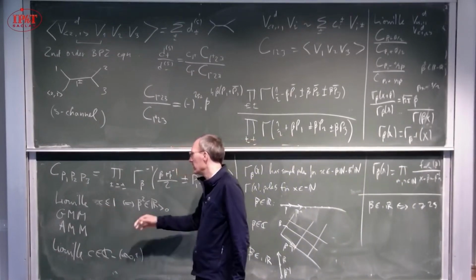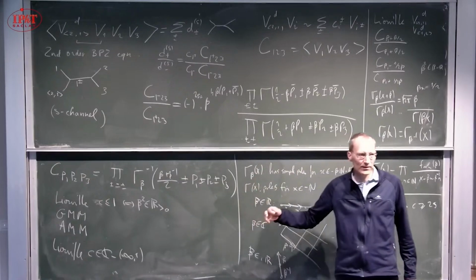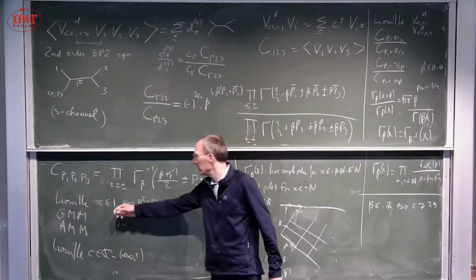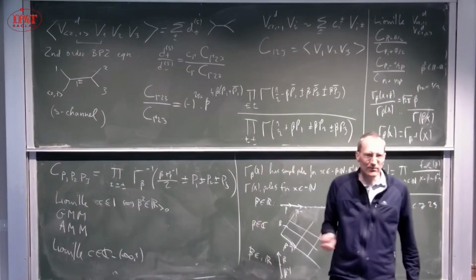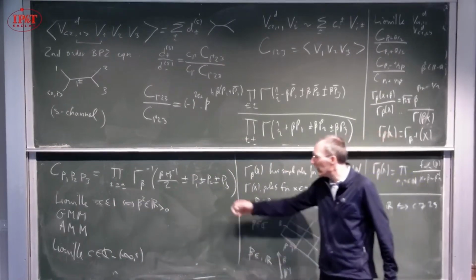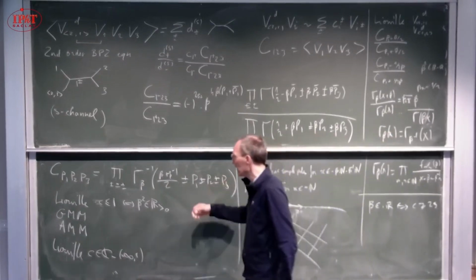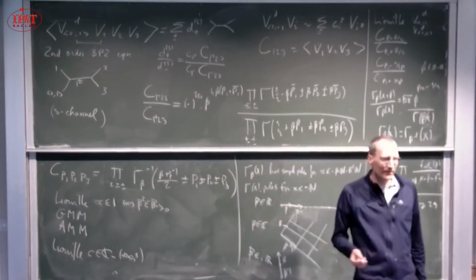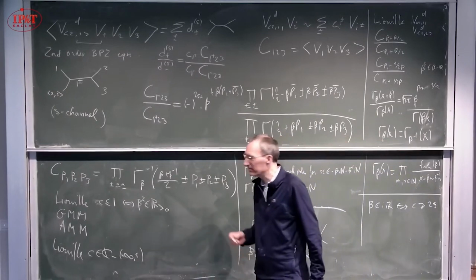It's only valid if c less than 1, because if you remember, if you looked at the 4-point function of Liouville theory, we did not expect that to be analytic beyond this, near this half line, because of poles crossing the integration contour. So even though this formula is itself well defined, unless beta is imaginary, it's not the 3-point function of Liouville theory, except for c less than 1.